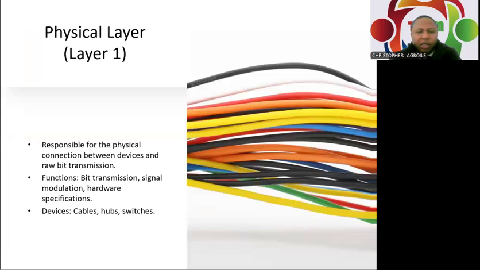So layer 1 is the one we're talking about now. Layer 1 is responsible for the physical connection between devices and the transmission of raw bit streams over a medium. Now we talk about the devices. Let's define the hardware specifications here. If you look at the diagram, you can see cables.